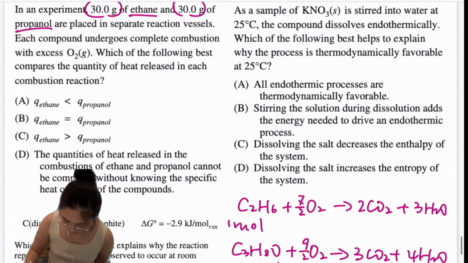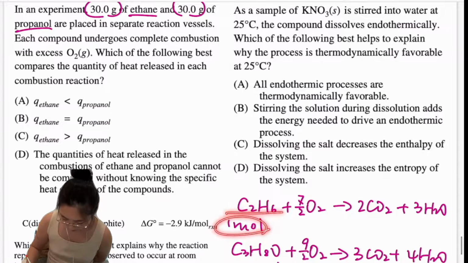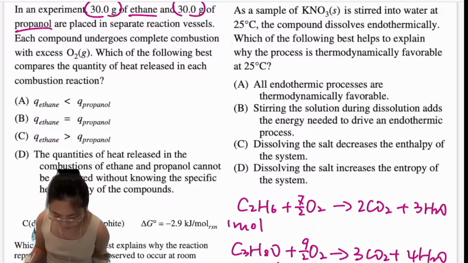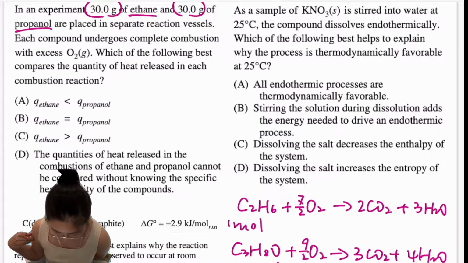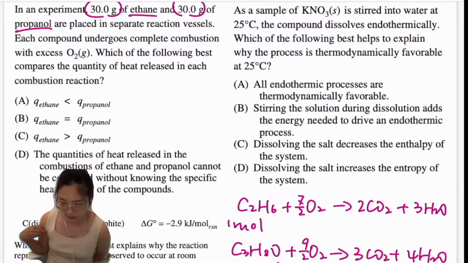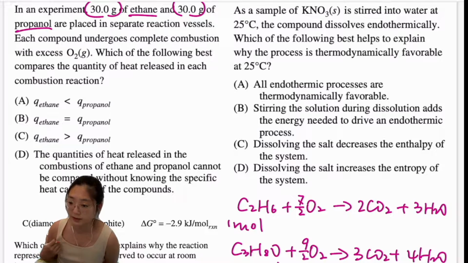So when you have 1 mole of the ethane combustion and 0.5 moles of the propanol combustion, which one will release more heat? Or we can try to compare the enthalpy change. Yes, those are the hydrocarbons that you should memorize.